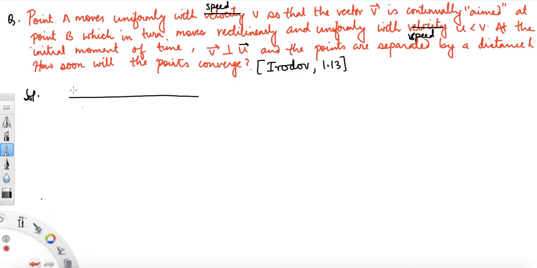Now we say that initially A and B are separated by distance L. Here B is here and A is here, and the distance between A and B is given to be L. At each moment of time, A is aiming at B and B is moving with uniform speed u.